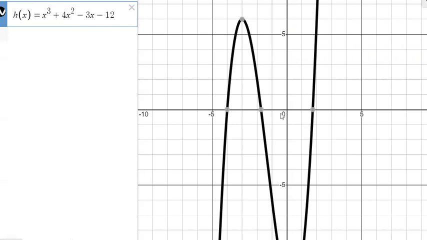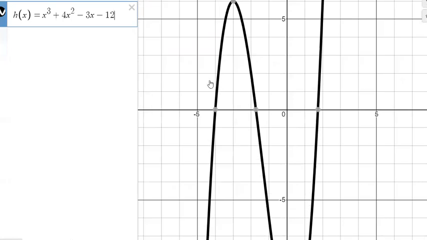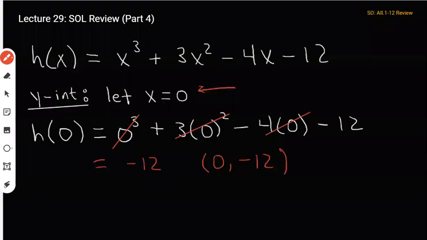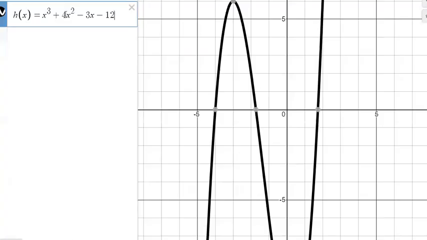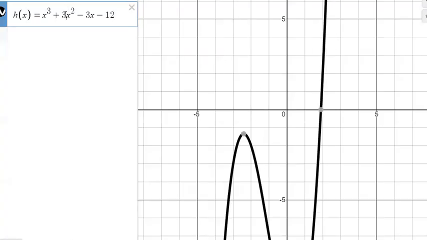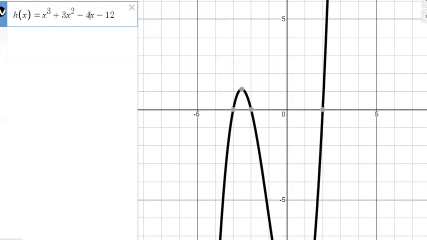So here's our graph. Yeah, that should be a 3x squared, and then this should be a 4. There we go.